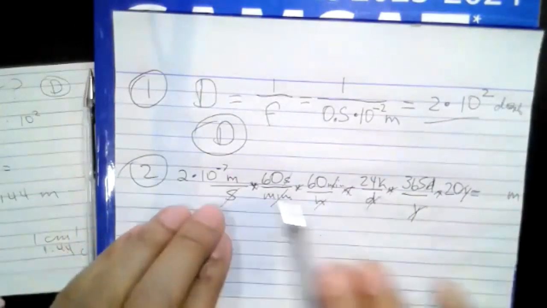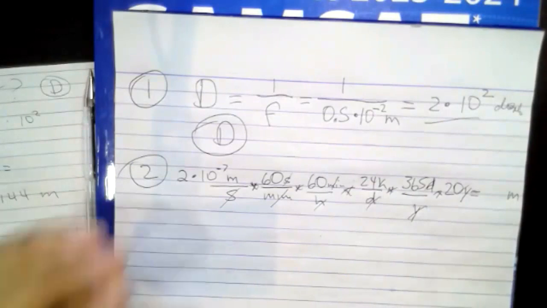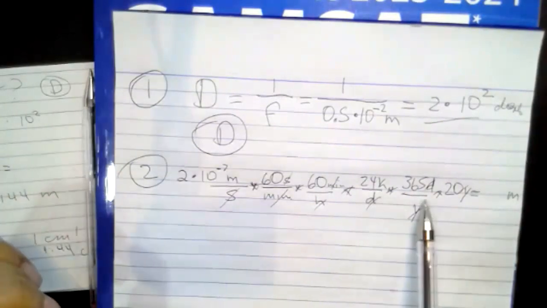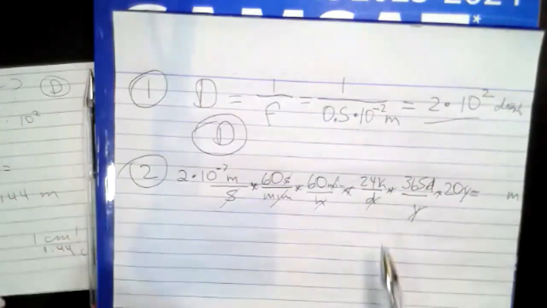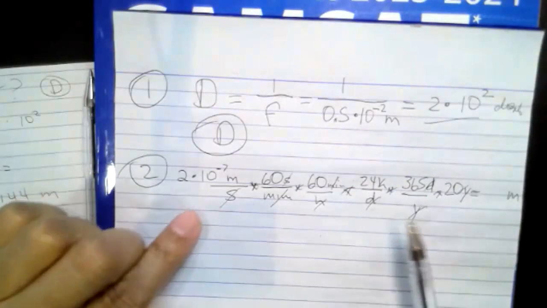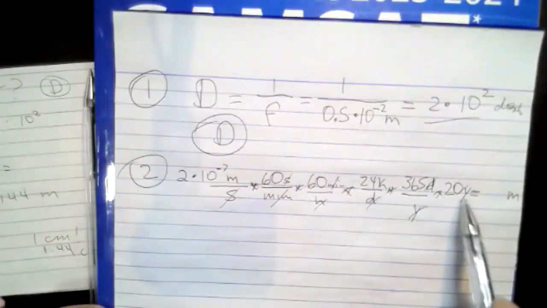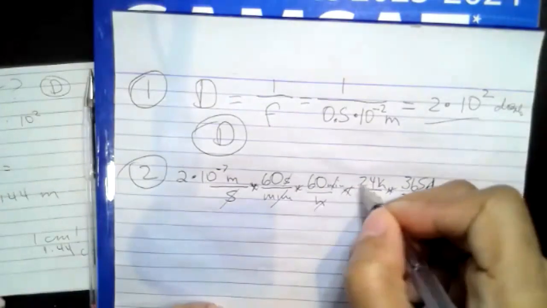First step, after you have it set up, you look again at the answer choices. Because if the answer choices are very, very close together, then you need to do these multiplications exactly as presented. But if these calculations are far apart, 100 times different, then you start doing estimations. So 24 hours, no way.